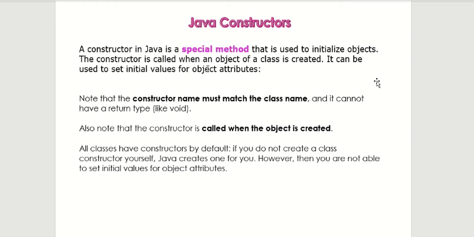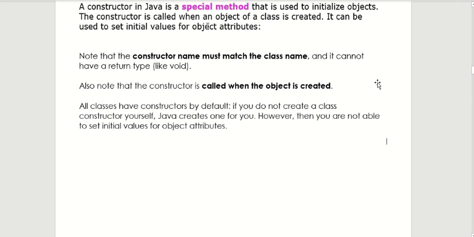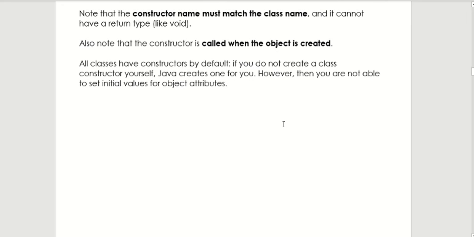Also note that the constructor is called when the object is created. You don't use a constructor without creating an object. All classes have constructors by default. If you don't create a class constructor yourself, Java creates one for you. However, then you are not able to set initial values for the object attributes.